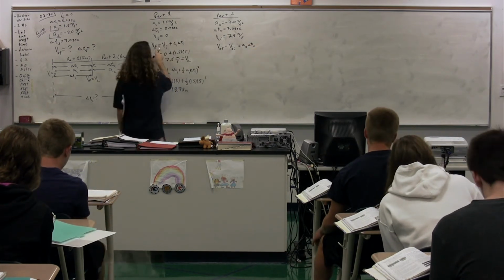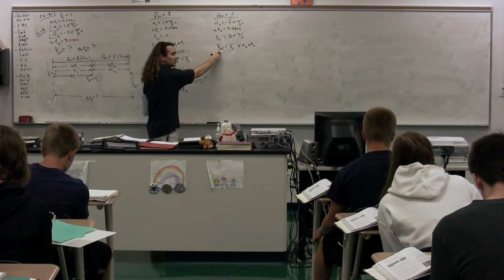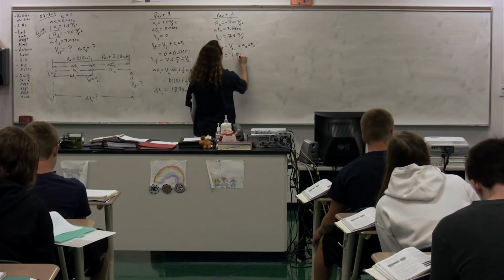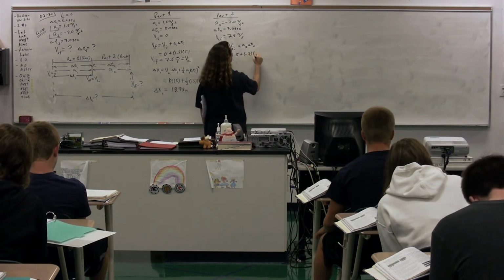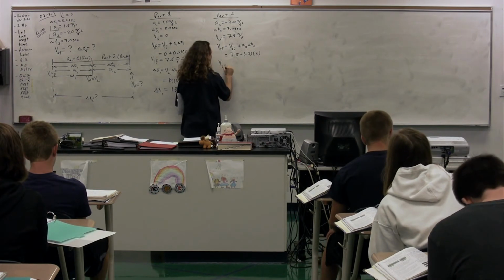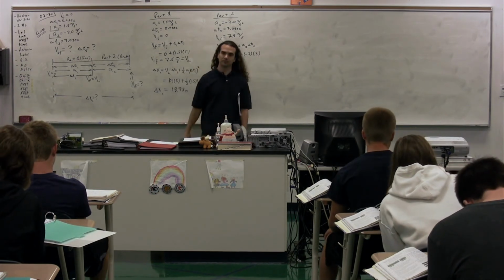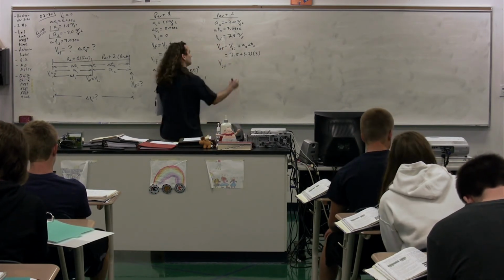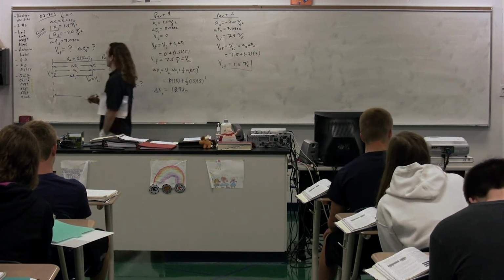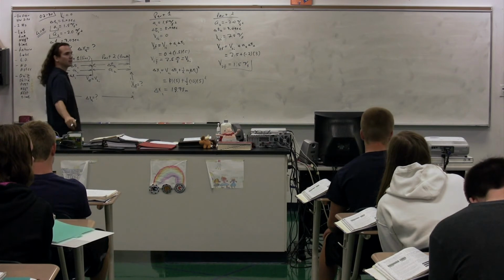As you said, we're using the same equation, only for part 2. 7.5 plus the acceleration for part 2, which is -2, times the change in time for part 2, which is 3. The velocity for part 2 final is equal to 1.5 meters per second. And that is an answer, one of the things we're trying to find.